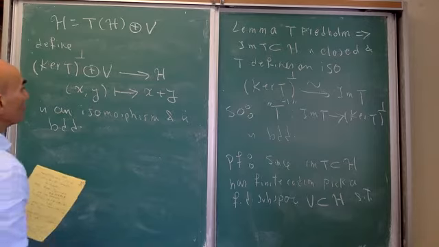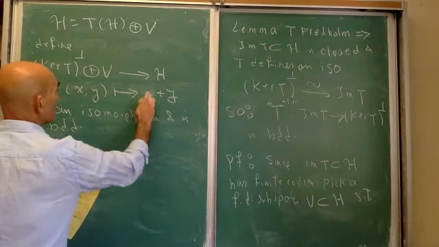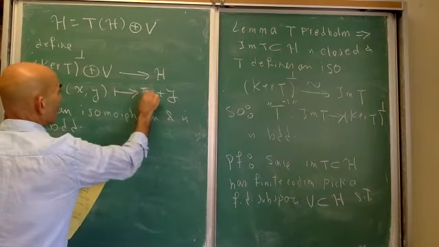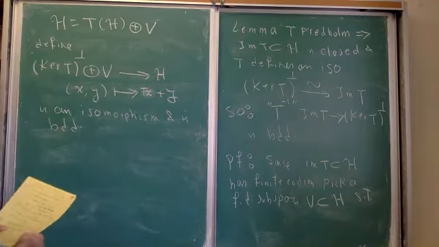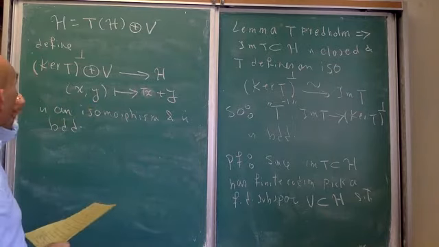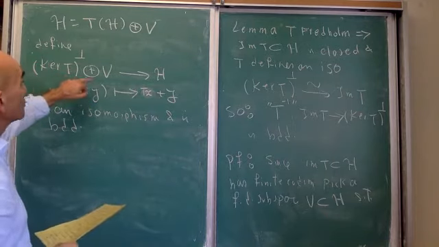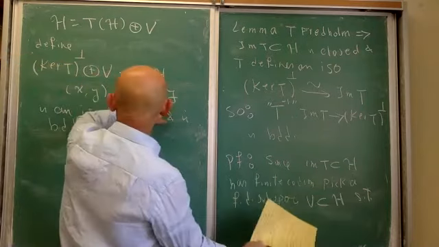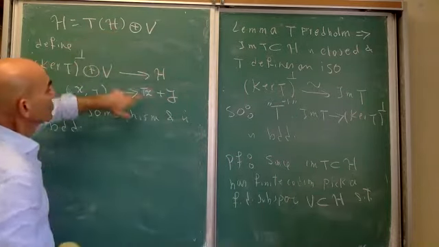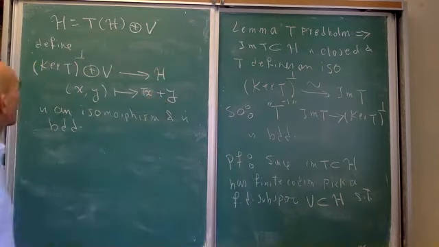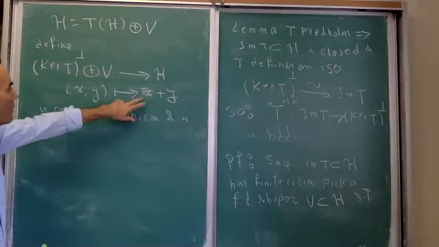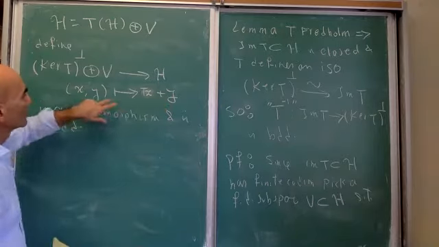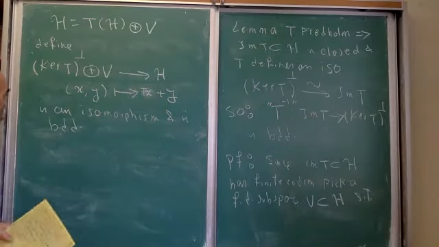I should send it to T of X plus Y, because I'll go to the image of T, and then this decomposition tells me that I should go to T of X. So, okay. It's bounded because T is bounded, and here we are not doing much, so boundedness is preserved.